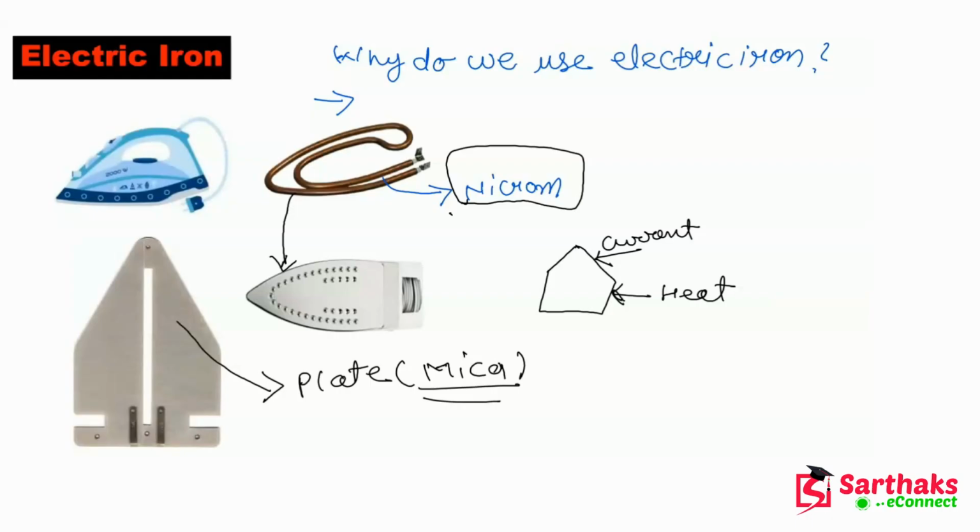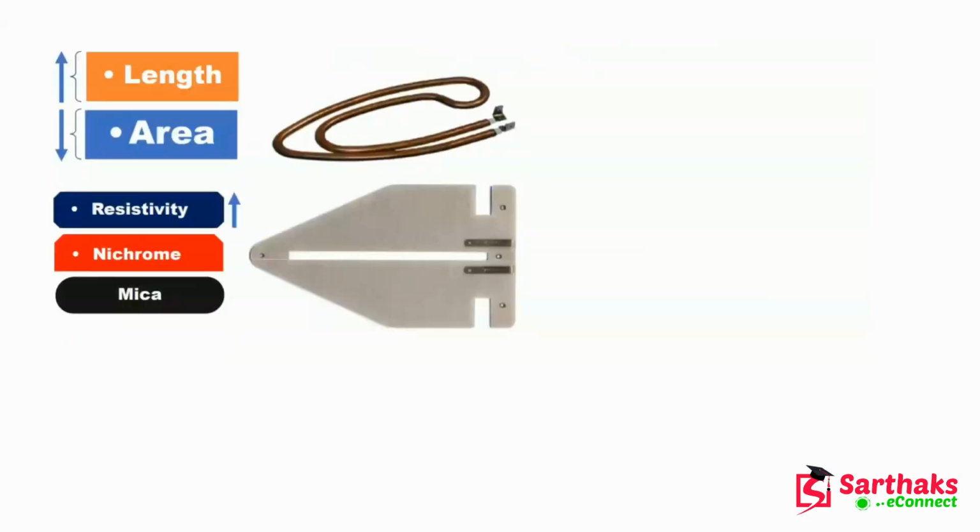Now let's move on to the next slide and talk about the things we do while making an electric iron. This is an electric iron. As you can see, the length of this wire is higher, but the area here is less, so that our resistance will be higher.